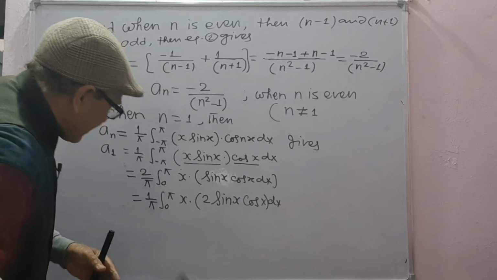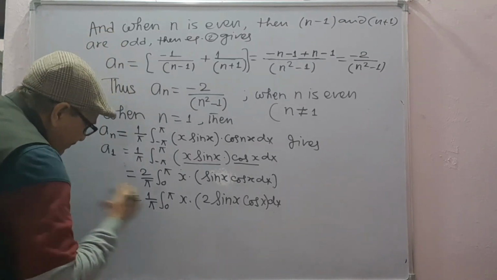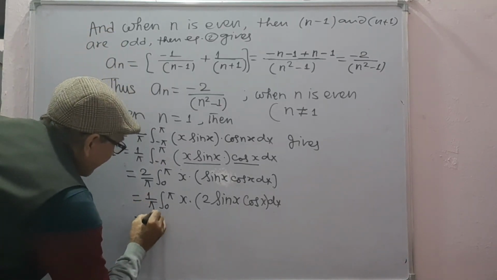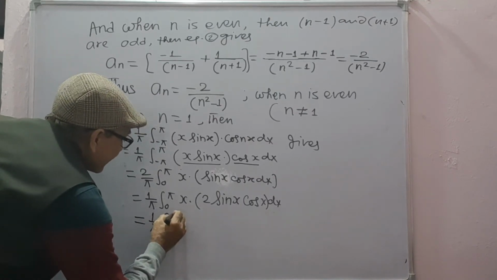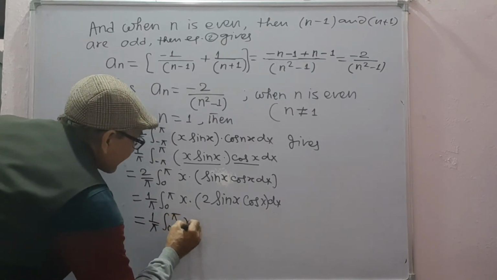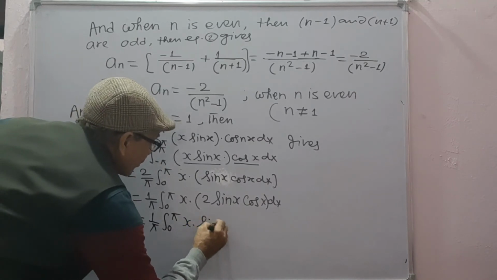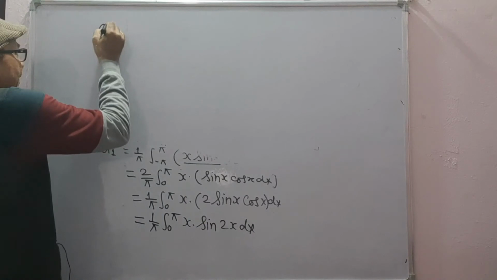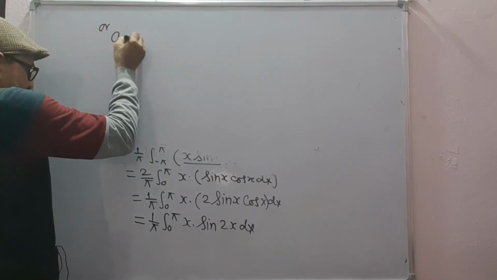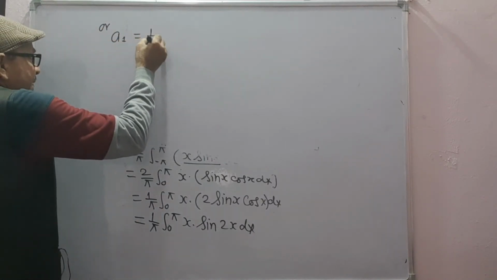So this can be written as 1 upon pi integral from 0 to pi of x into sin 2x dx.